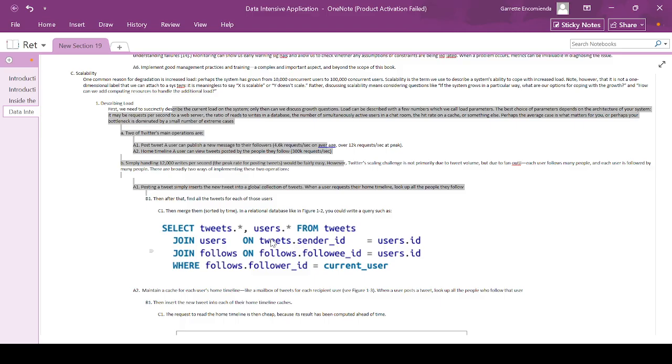It may be requests per second to a web server, the ratio of reads to writes in a database, the number of simultaneously active users in a chat room, or the hit rate on a cache. Even the hit rate on a cache, the previous example we saw, where we check the cache first before writing to the actual database, because writing to the actual database costs a lot of compute.